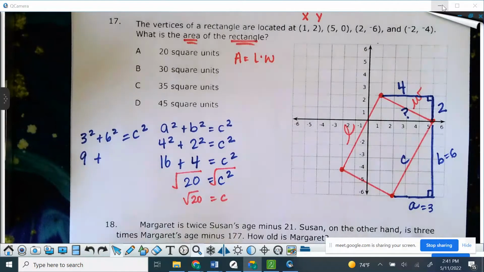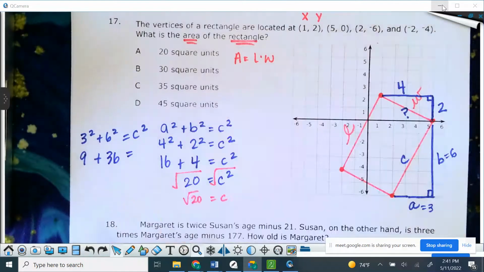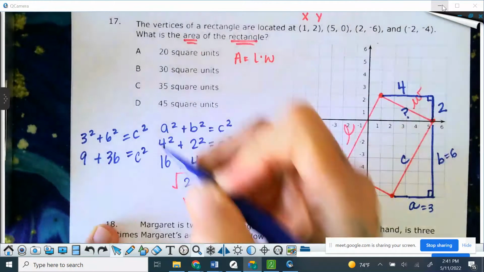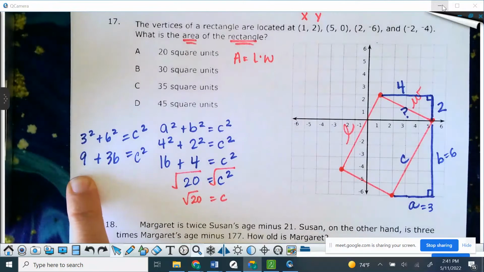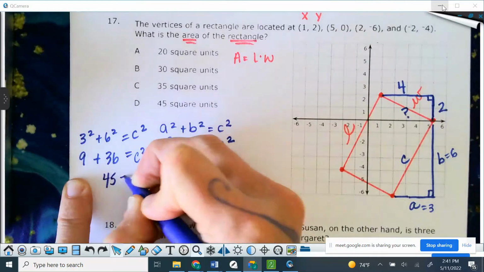Yes, good. So then that's going to equal C squared. So 36 plus 9 is going to give me what? Yep. 45 equals C squared.